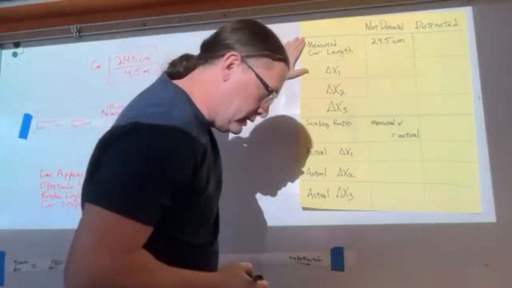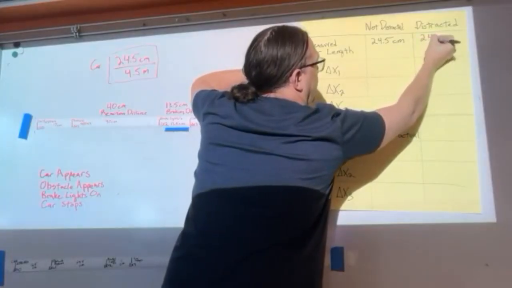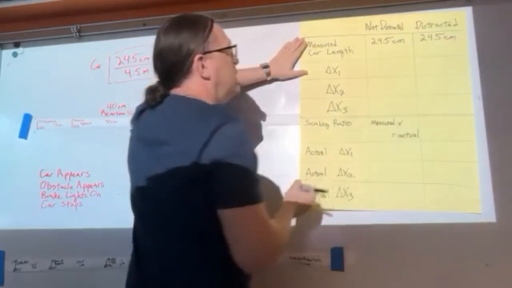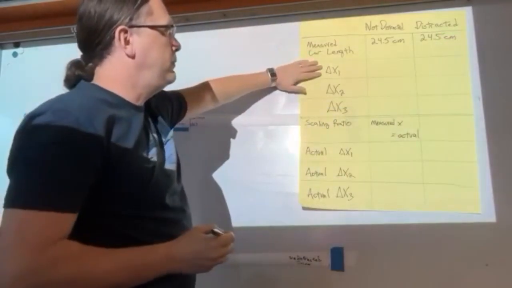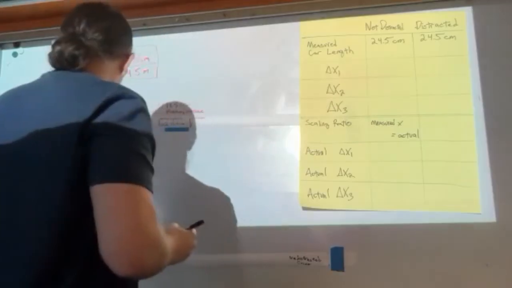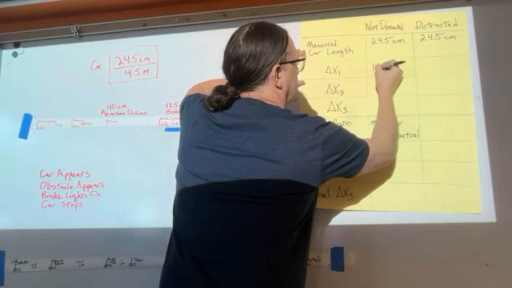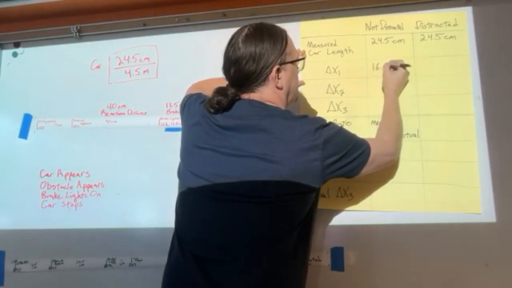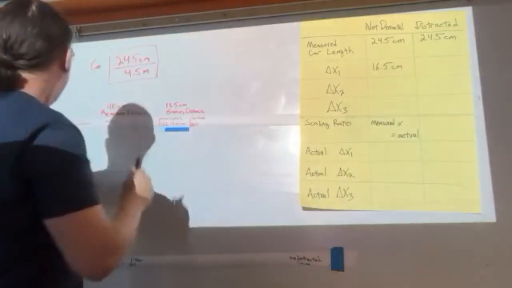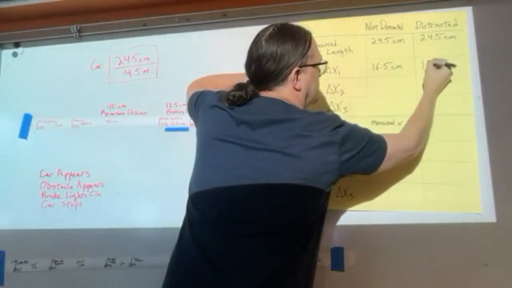In both videos. Same car. The distance from position 0 to position 1 was 16.5 centimeters for the not distracted driver, and 17 centimeters for the distracted driver.